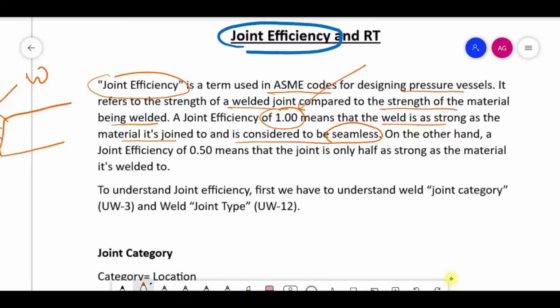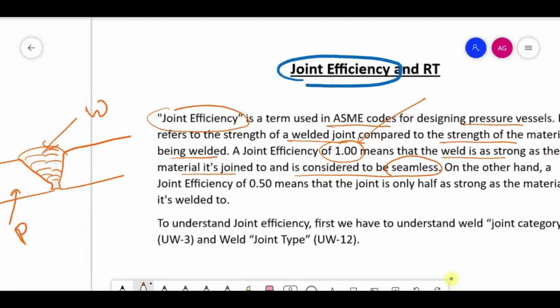Seamless means there is no welding; you can assume it is completely base metal, which means its joint efficiency is 100%. The value of joint efficiency is between 0 and 1. 1 means that you have 100% joint efficiency. Apart from this, there are other values, and how you get them will differ. Further we will see how it happens.